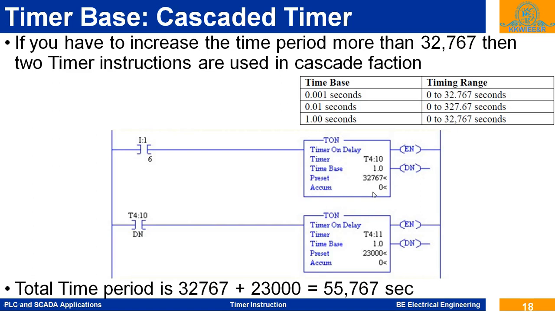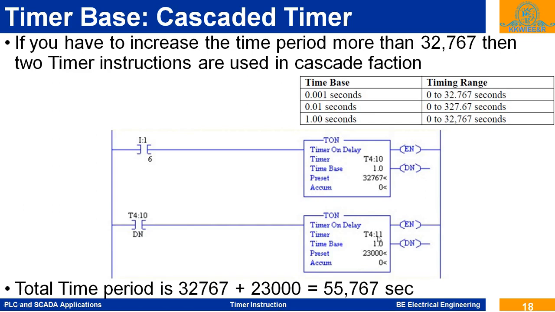When this accumulator and preset values are the same, then the done bit of this T410 on delay timer is set, and this instruction is true. So the second timer T411 instruction is true and the enable bit is high, and its accumulator starts incrementing. So it goes from 0 to 23000, and the done bit of T411 is set.